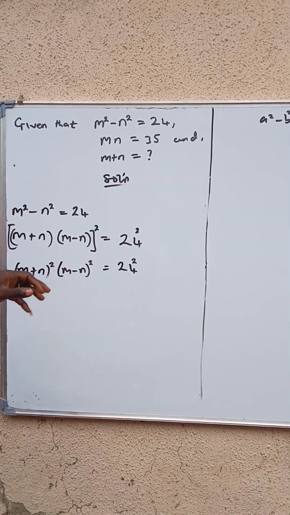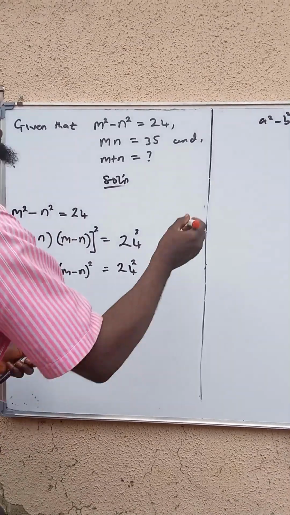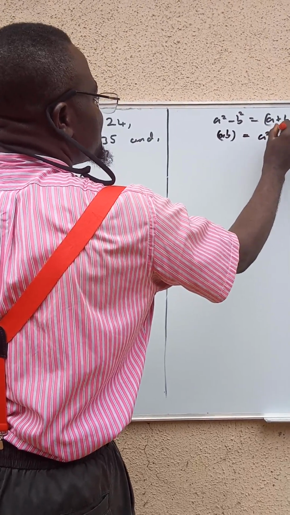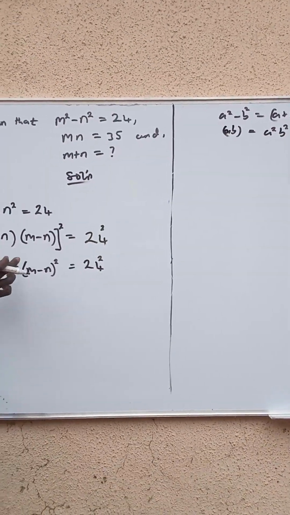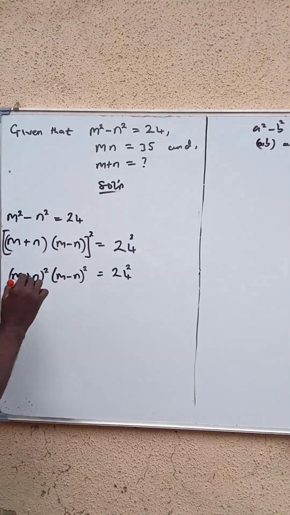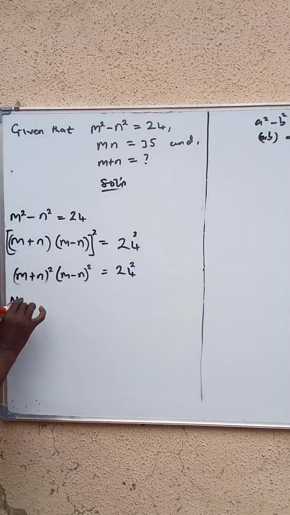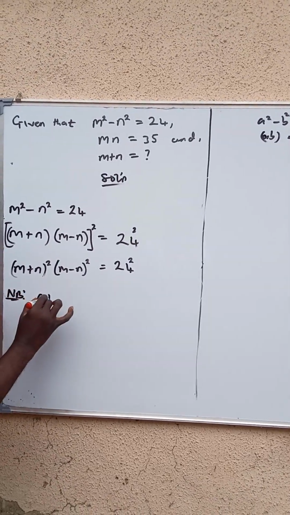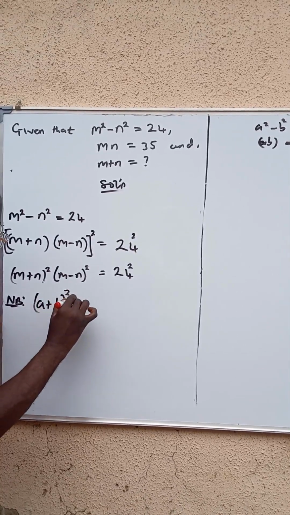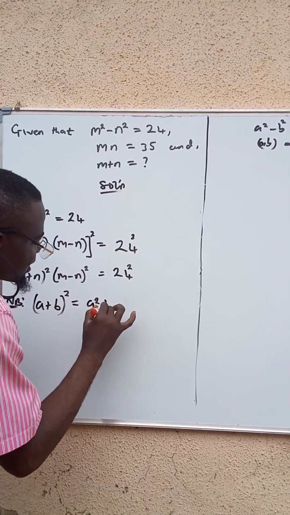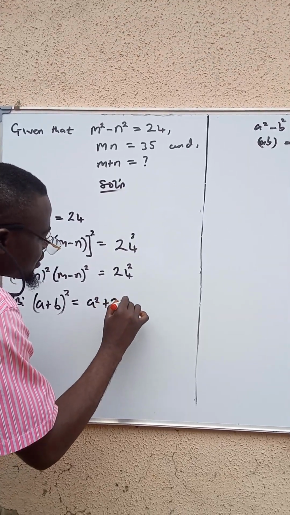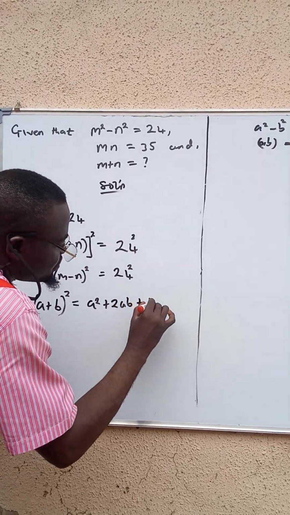Since it's multiplication, (ab) squared is the same thing as a squared times b squared. Note that (a plus b) all squared is the same thing as a squared plus 2ab plus b squared.